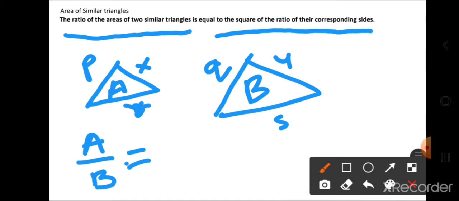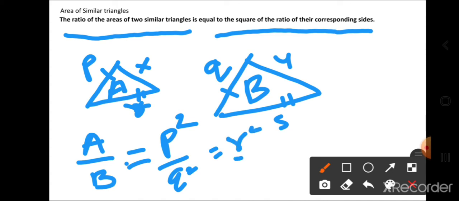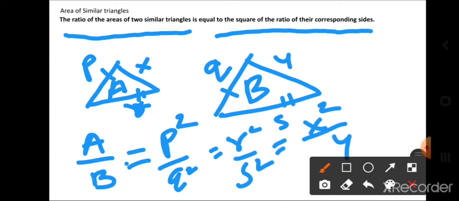Squares of the ratio of their corresponding sides means here P is corresponding to Q, R is corresponding to S, whereas X is corresponding to Y. That will be equal to P square by Q square, which is equal to R square by S square, which is equal to X square by Y square.